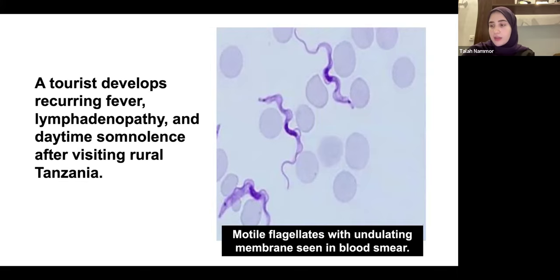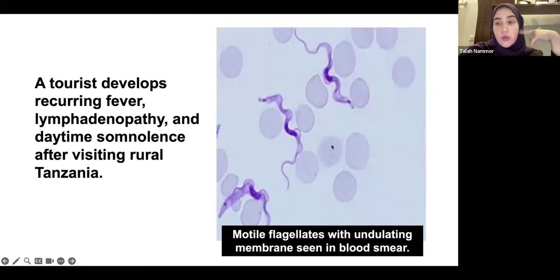I'm literally fat shaming a microorganism. Regardless, Trypanosoma brucei is the one that is slim and basically tall.